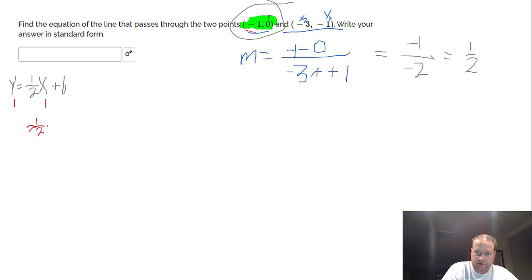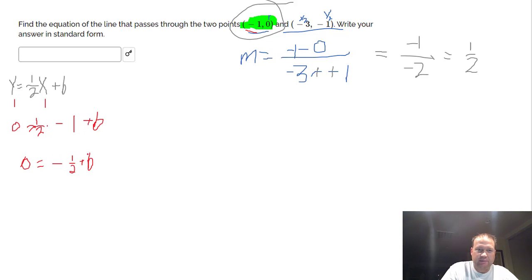X is the negative 1 right there. 1/2 times negative 1 plus b. And y is 0. Well, that's convenient. So I have 0 equals 1/2 times negative 1, so 0 equals negative 1/2 plus b.